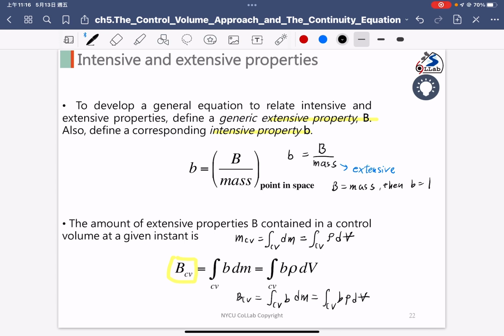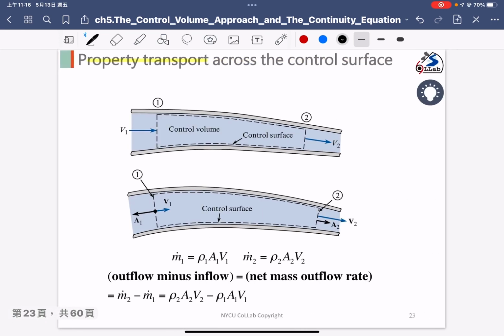So we need to define which property we are looking for. So we have B_CV. But so far we only discussed how much property is inside the CV volume. We didn't discuss the exchange along the boundary.